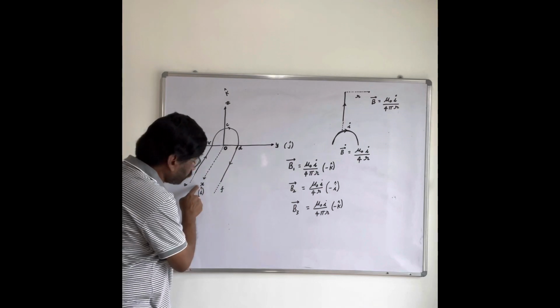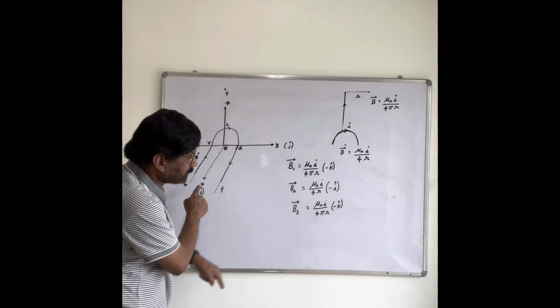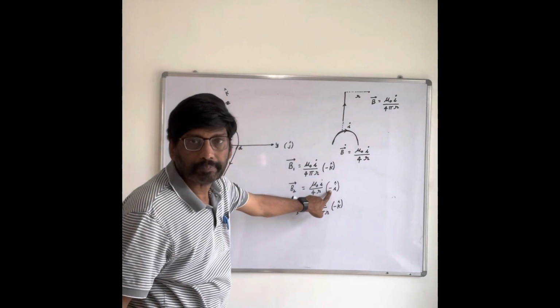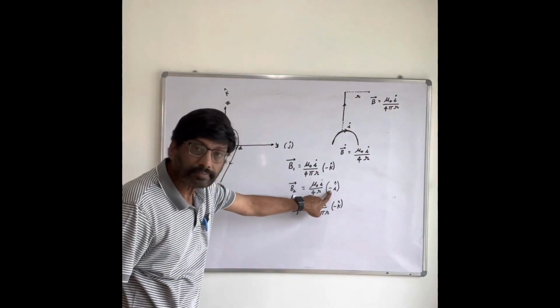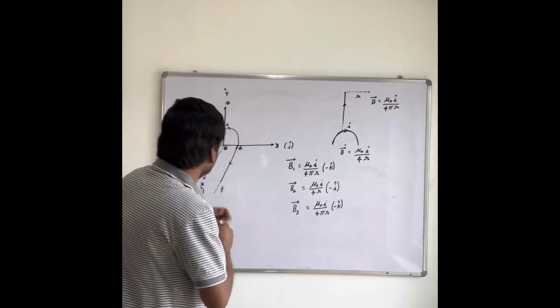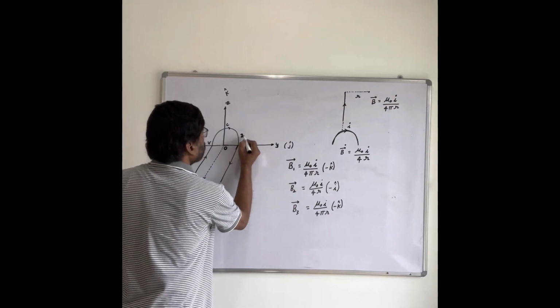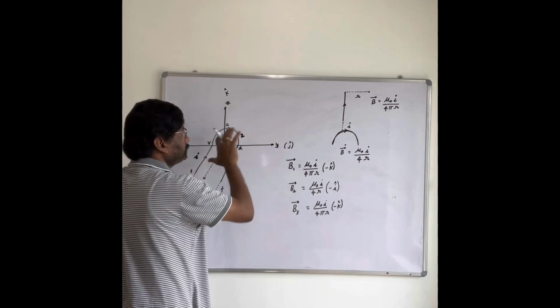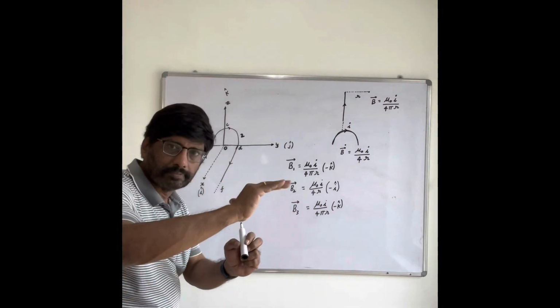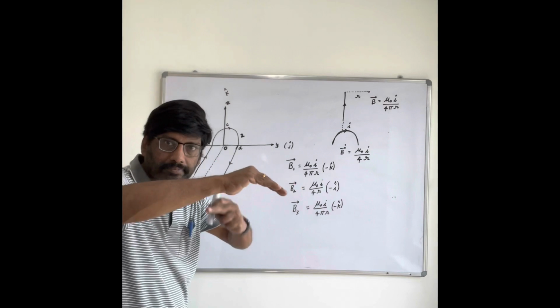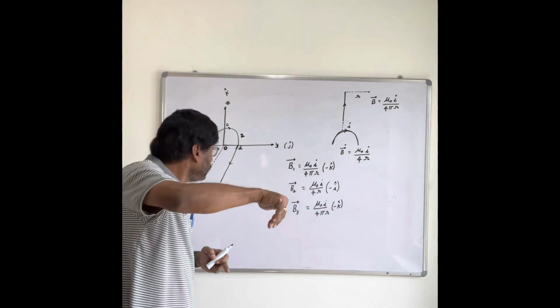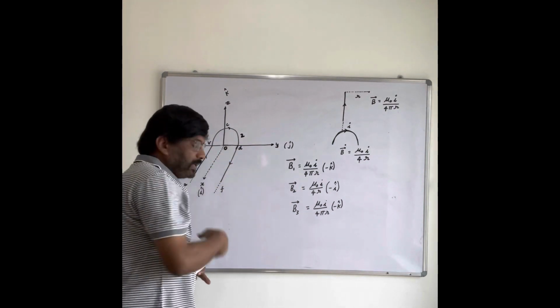That means opposite to the x-axis. Opposite to the x-axis means minus i cap. So this is the magnetic field due to the curved part, that is BCD. You can use a simple formula: if the fingers indicate the direction of current in the YZ plane, then the magnetic field is along the negative x-axis.